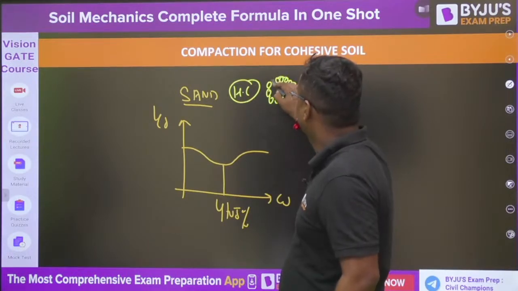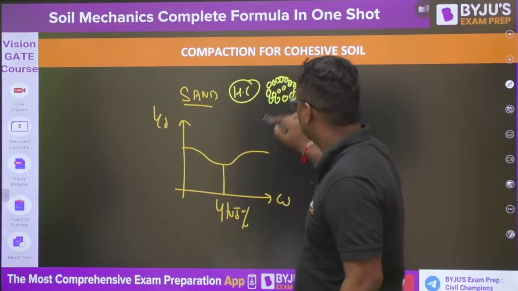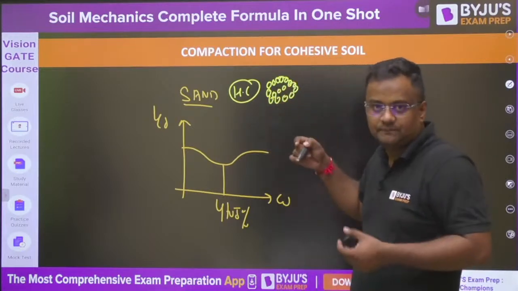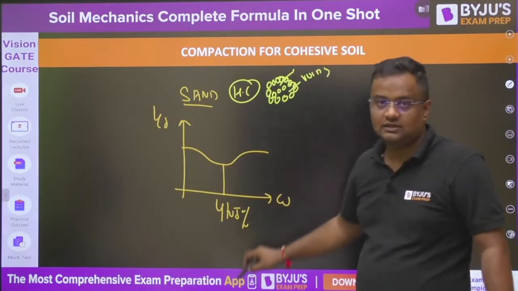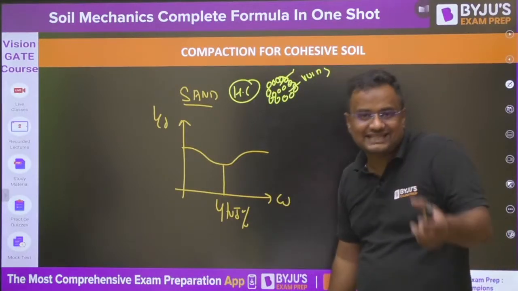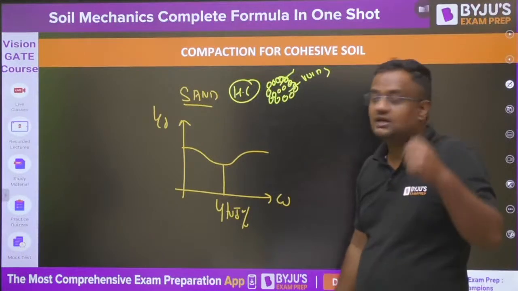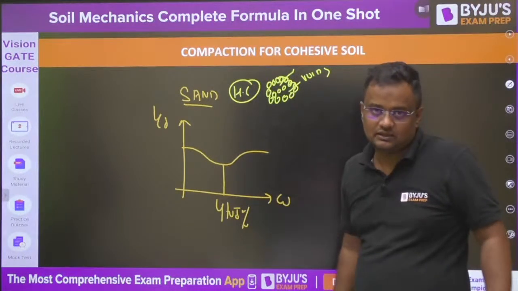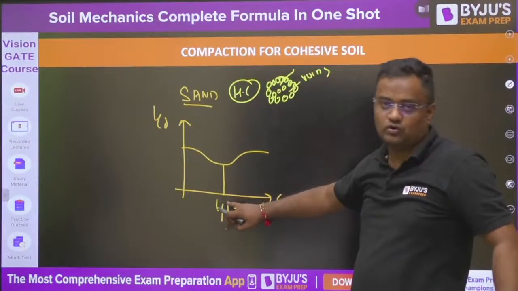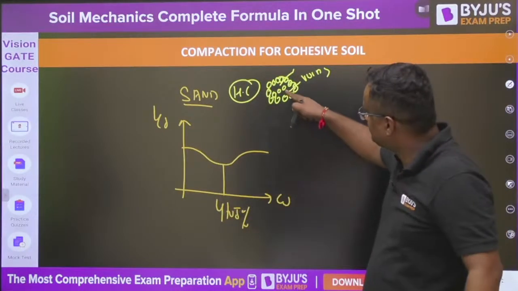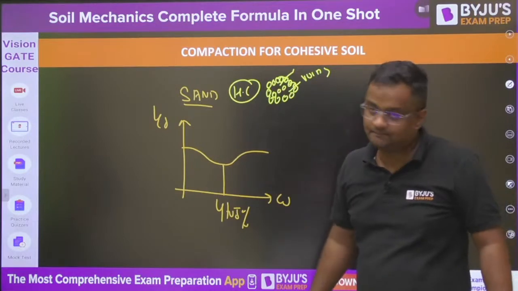That means a negative pressure is generated and a chain is formed like this. The chain is sucked up and here voids come. More voids means less density. This negative pressure, this capillary action, this suction action is maximum at 4 to 5%. Guys, capillary action happens at every water content, but it is maximum at 4 to 5%, so maximum suction and maximum voids are formed there.